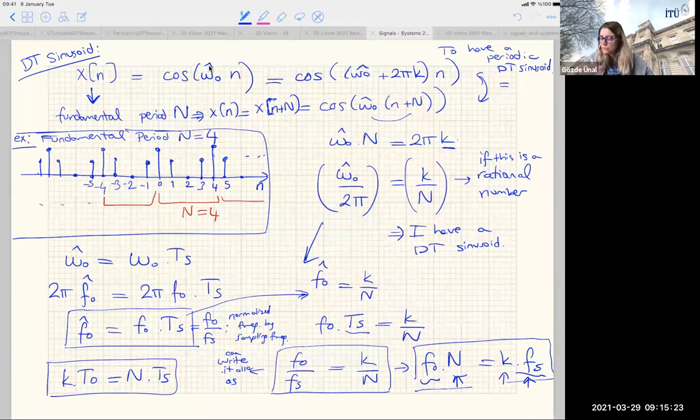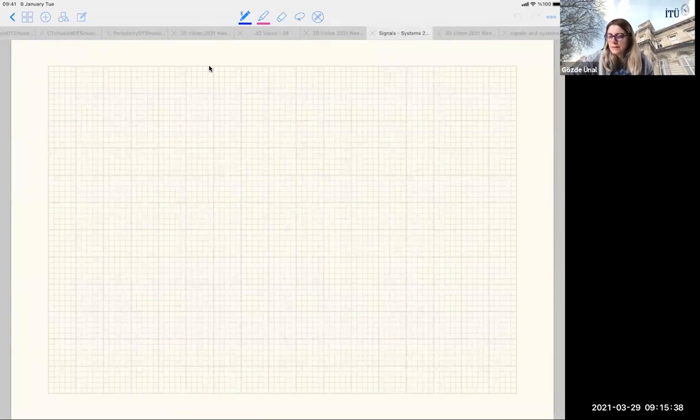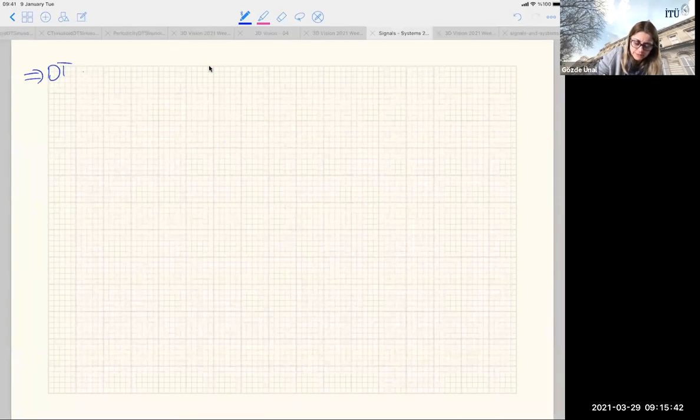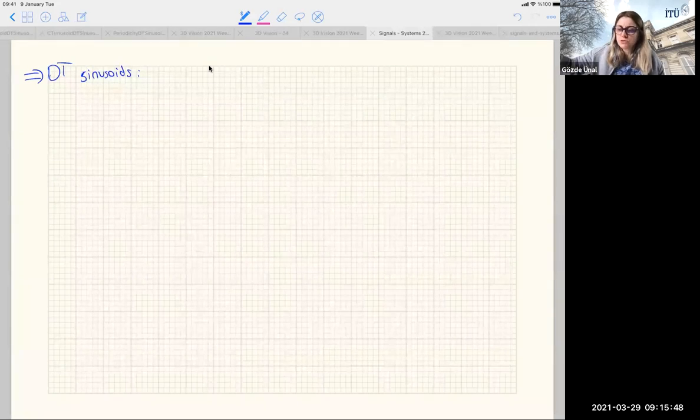Because I needed to define these, we want to move to a Fourier series representation. Okay, so we have made some important definitions. By the way, I should also note this, guys, for discrete time sinusoids: they are only unique up to some range. We've just shown this actually.